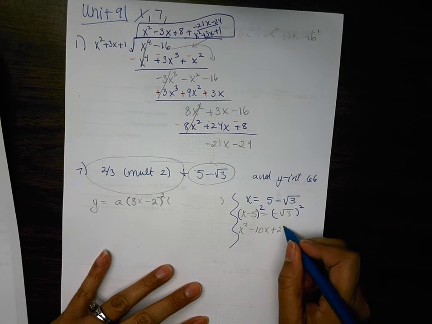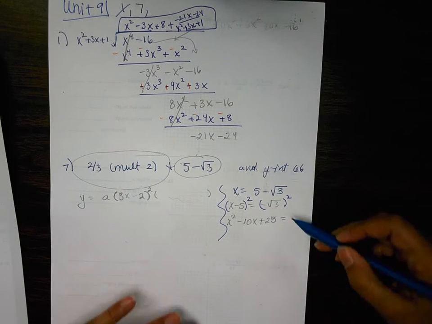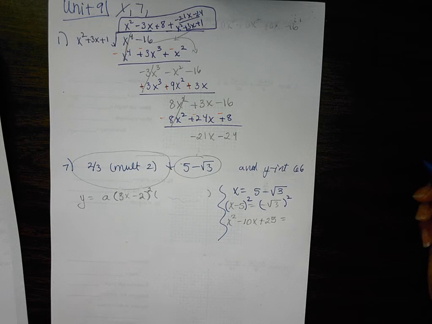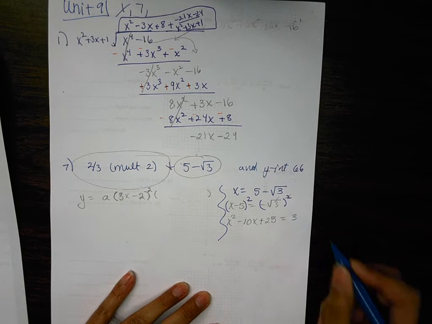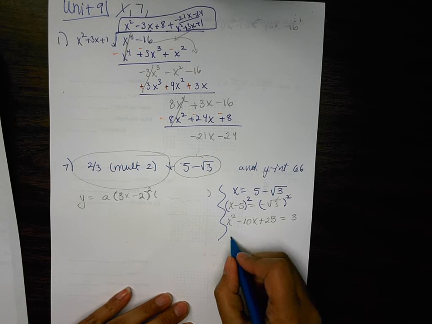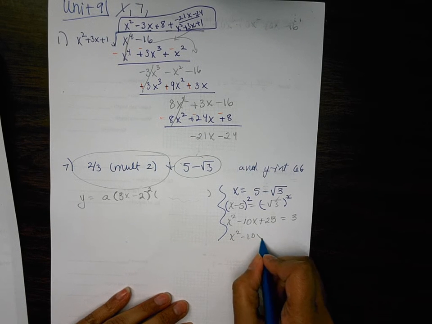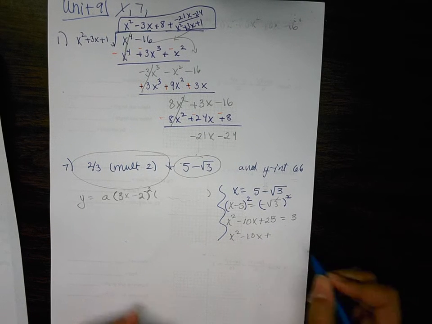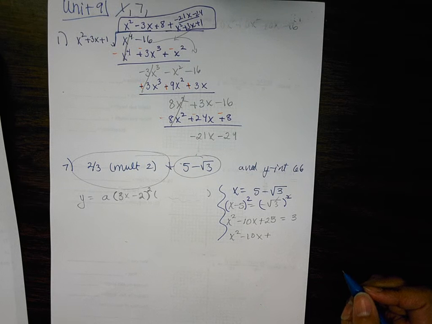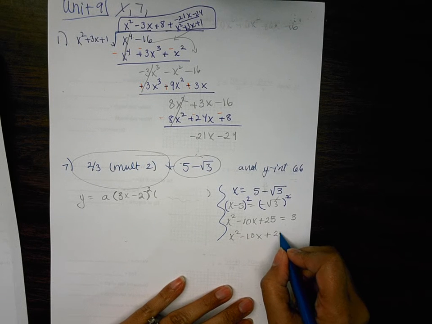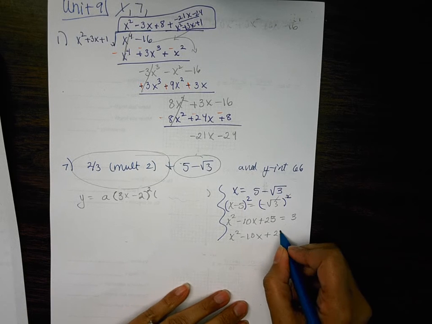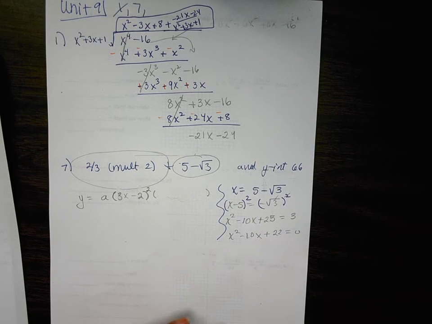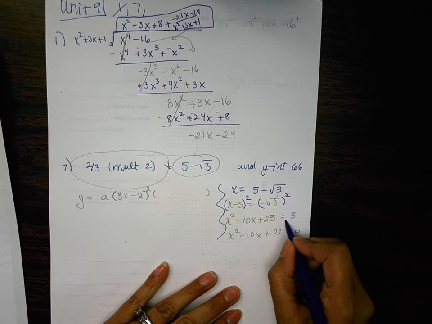All right, so x minus 5 squared is not x squared minus 25. What is it? X squared minus 10x plus 25 equals, a negative times a negative is positive, and root 3 times root 3 is what? 3. Subtract the 3. X squared minus 10x plus what? Plus 22?